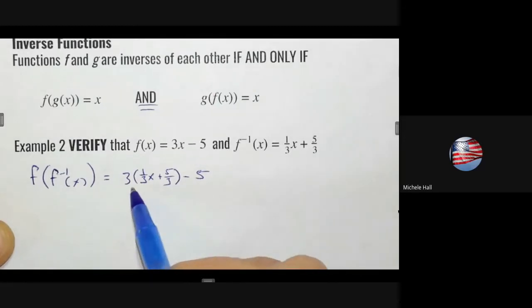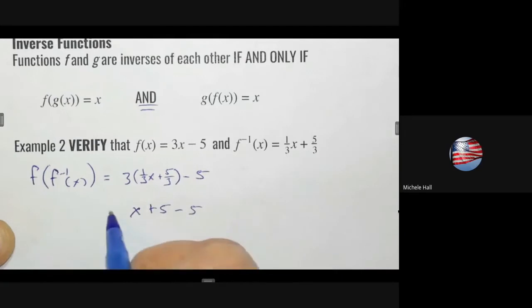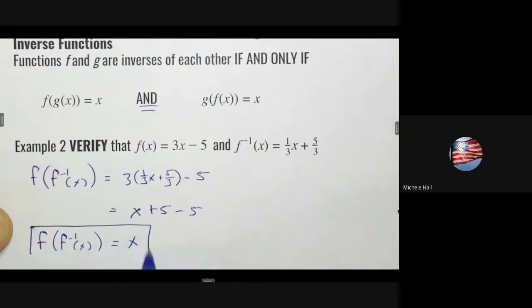I can see that when I do the distributive property, my 3 in the denominator is going to cancel, leaving x plus 5, and then I have the minus 5. And we get x for our final answer.